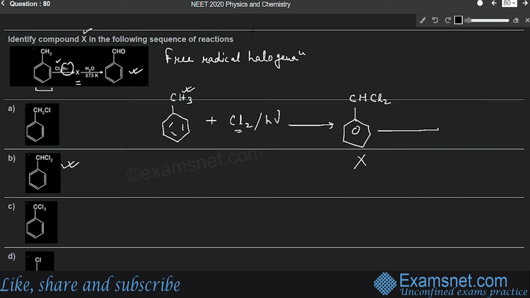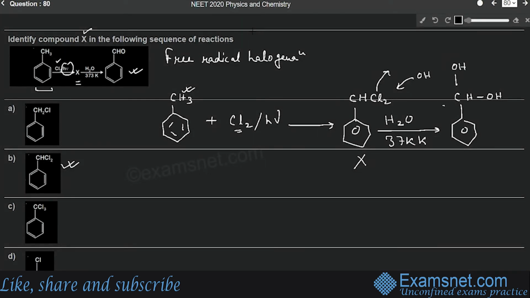This will undergo hydrolysis, so reaction with water molecule at 373 Kelvin. Then what will happen? Again, these two chlorine atoms will be replaced by OH. Okay, so what will we get here? This is the benzene. Here we will get CH, and then 2 OH will be added in place of 2 chlorine atoms.